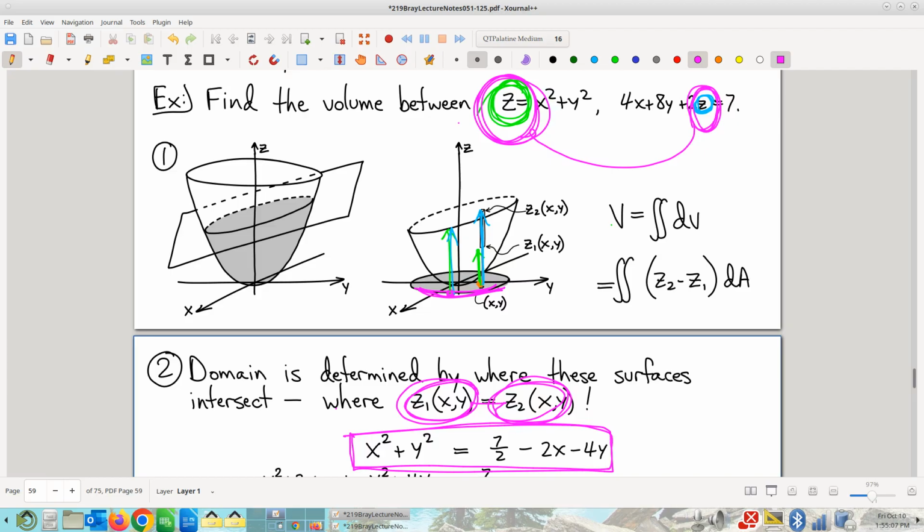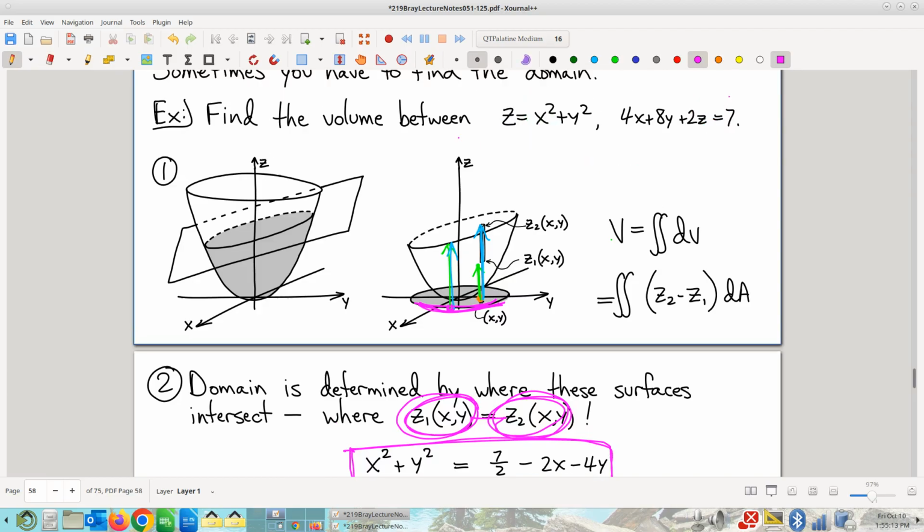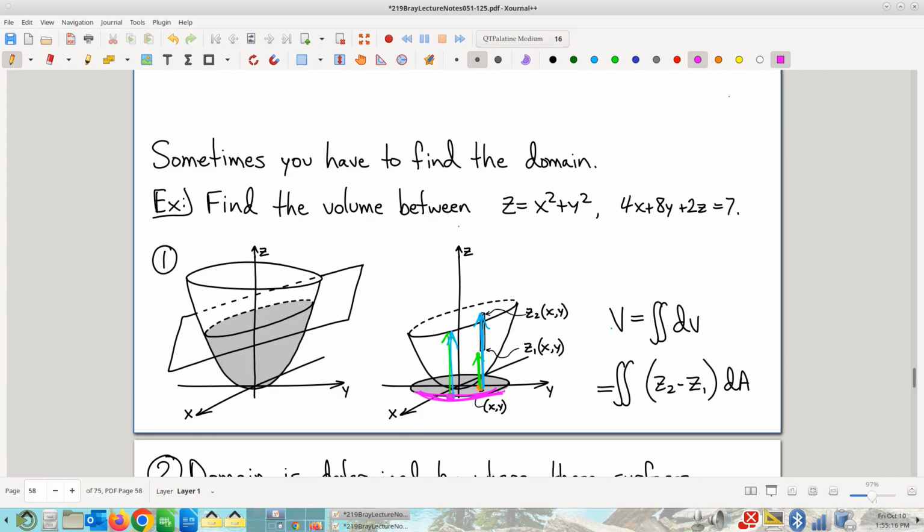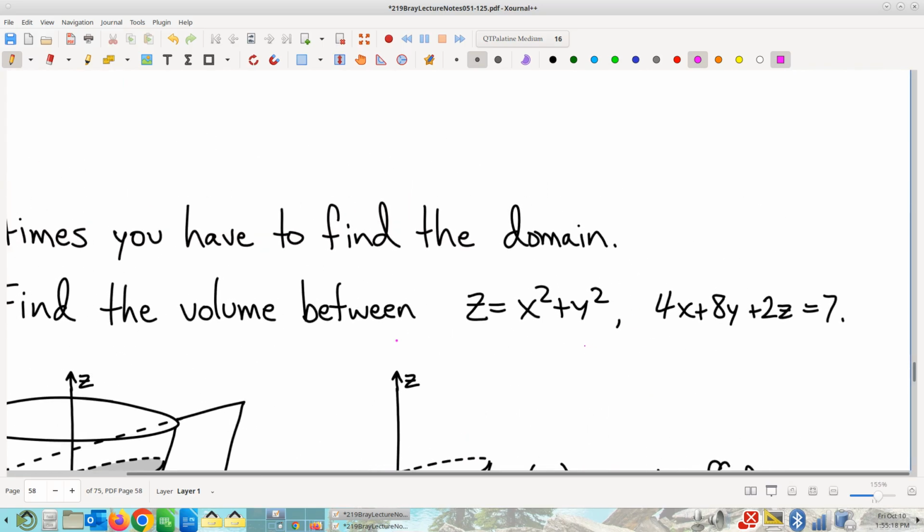Okay. Now, I do want to point out one thing. There is an opportunity to mess up pretty severely here. And I see the following semi-regularly. Less now that I've been making a big deal out of it, so that's why I do these things. But a lot of students reason as follows. They say, well, I want to find where the two surfaces intersect.